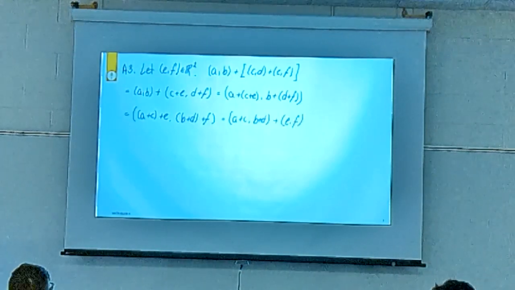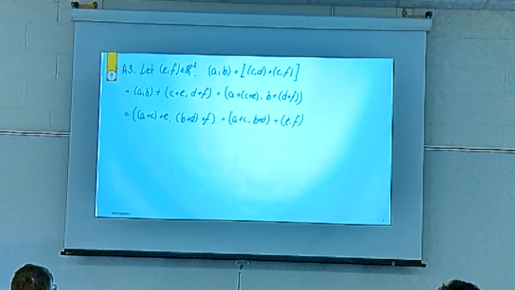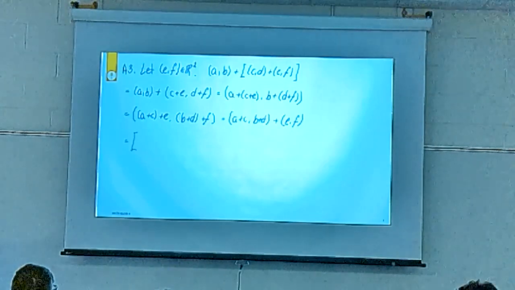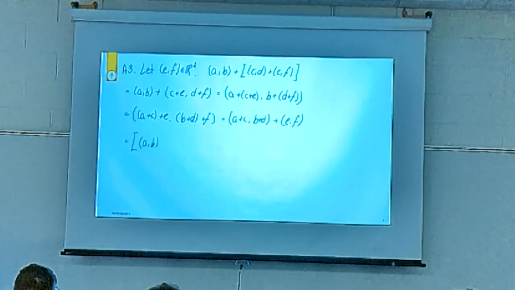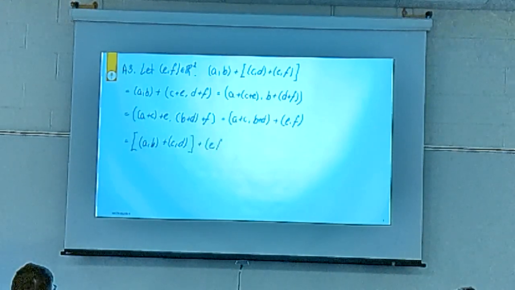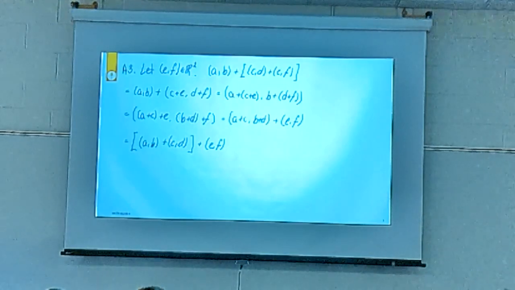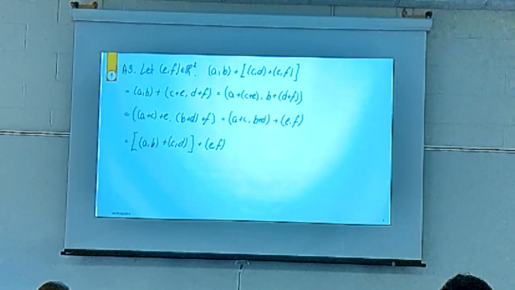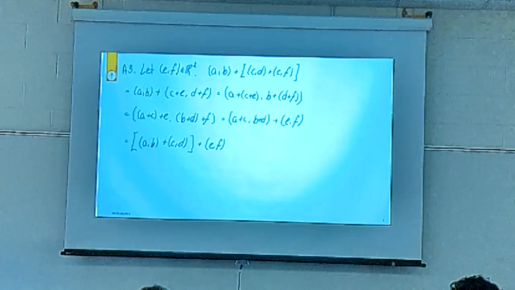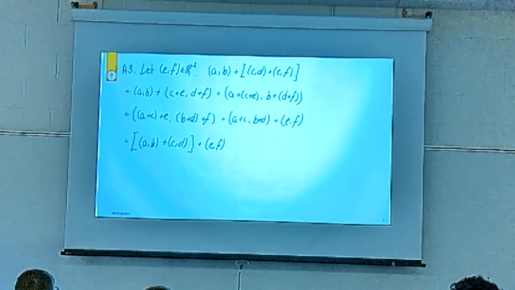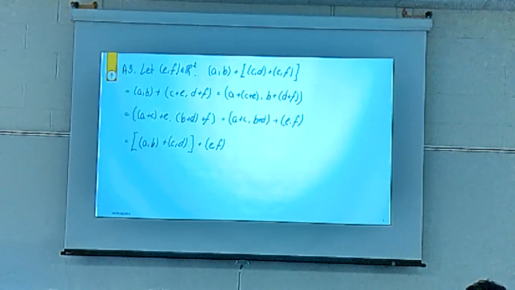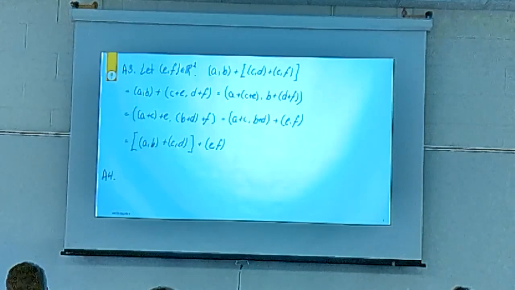And then by definition, that'd be that, which by definition is that. Associativity has now been satisfied or established. A4 was what? The existence of an additive identity?